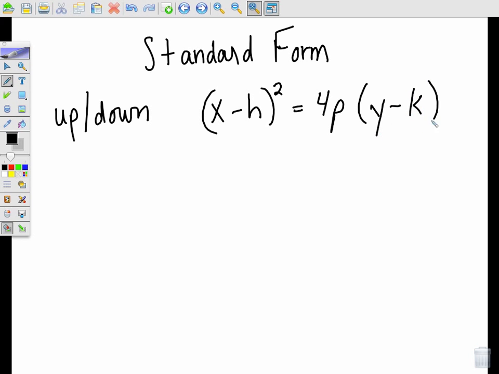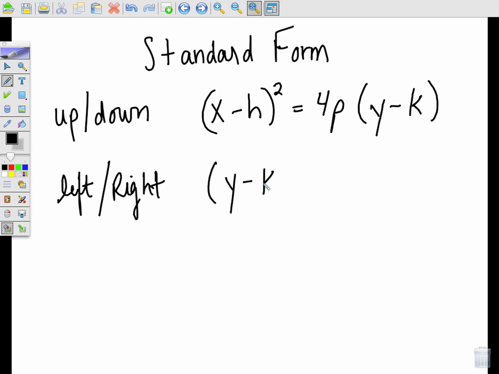So this is a parabola that opens up or down. Your x's are being squared. All right, and if you have a parabola that opens left or right, then it looks like this. (y minus k) squared equals 4p (x minus h).